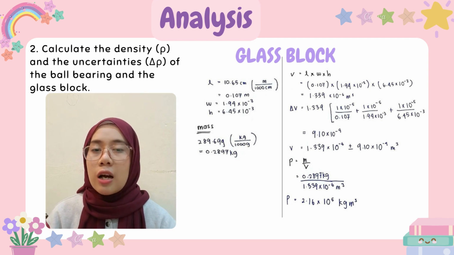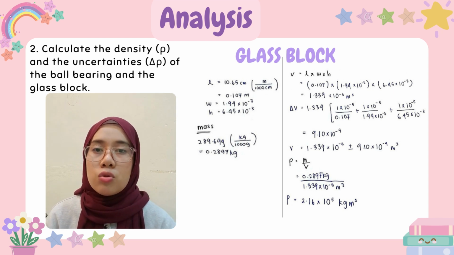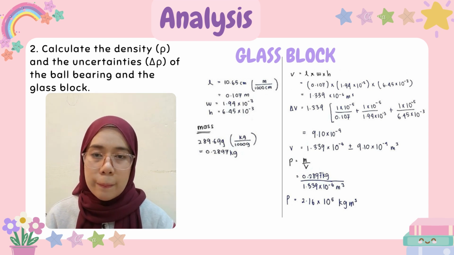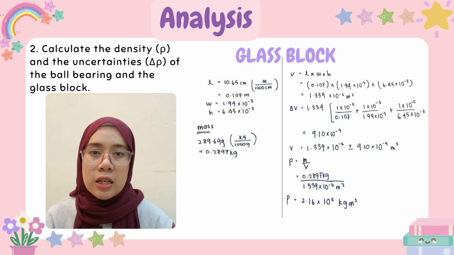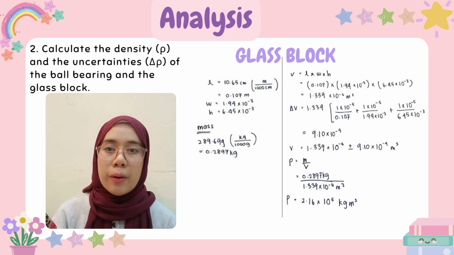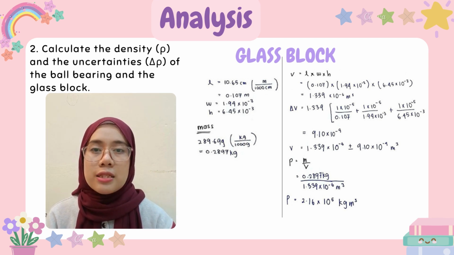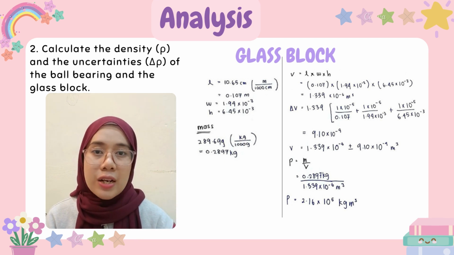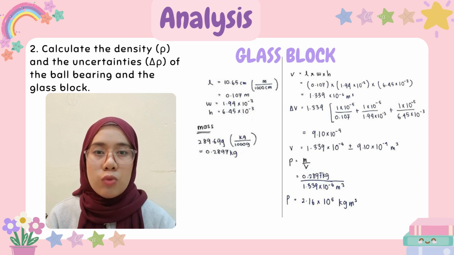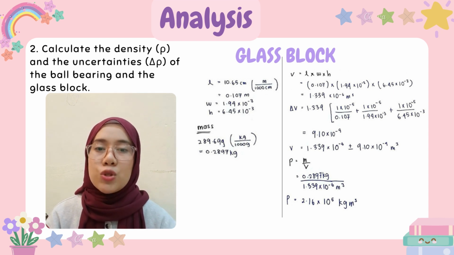After calculating it, we got 0.2897 kilogram. After that, 0.2897 kilogram divided by 1.339 times 10 to the power of negative 6 meter cube. So we got the density of the glass block is 2.16 times 10 to the power of 5 kilogram per meter cube.